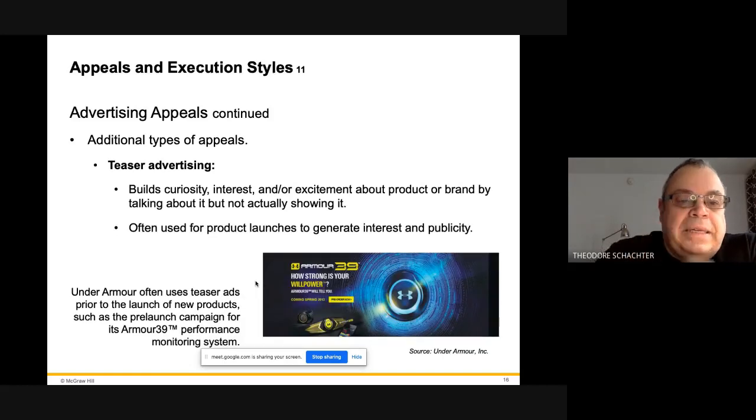Teaser advertising is very interesting. What teaser advertising does is it doesn't tell us what the product is, so to speak, but it builds it out that it's upcoming. So sometimes we build expectations.